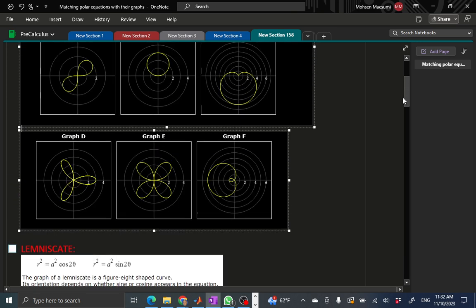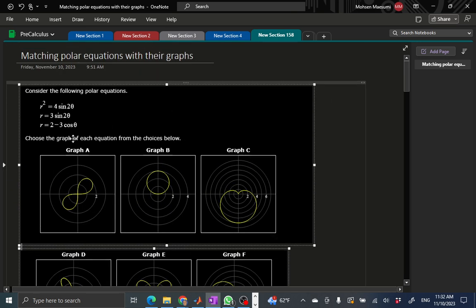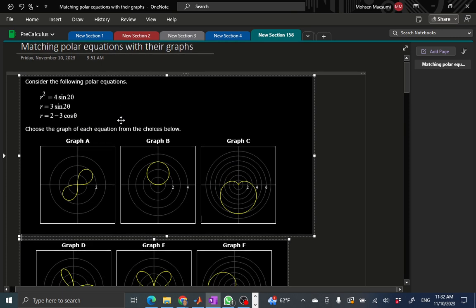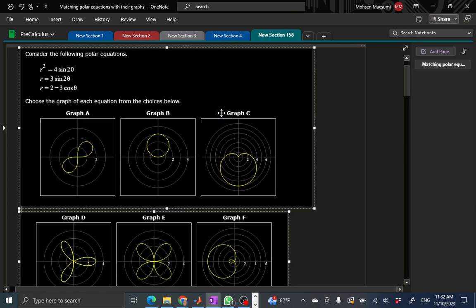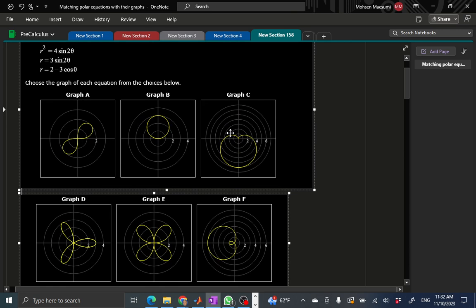So what do we have here? Do we have a limaçon? Well, item number 3 here is 2 minus 3 cosine theta. Now you can do picture matching, or you can do testing of single points to see what we get. So first of all, what are the limaçons in this picture? We have this one and this one.